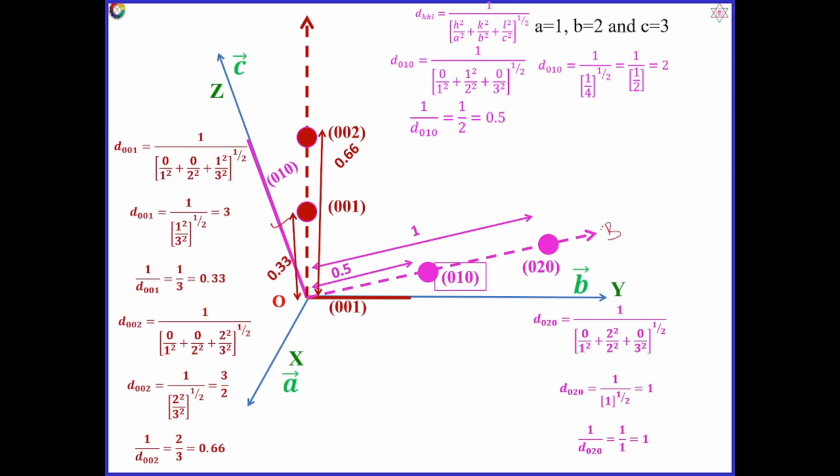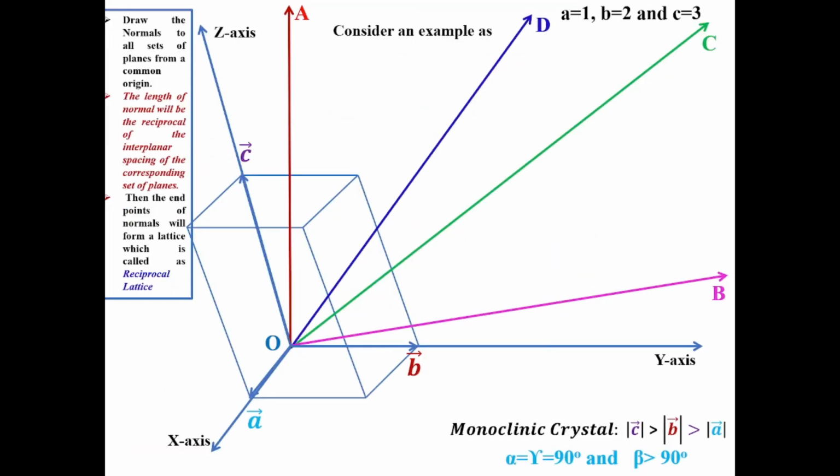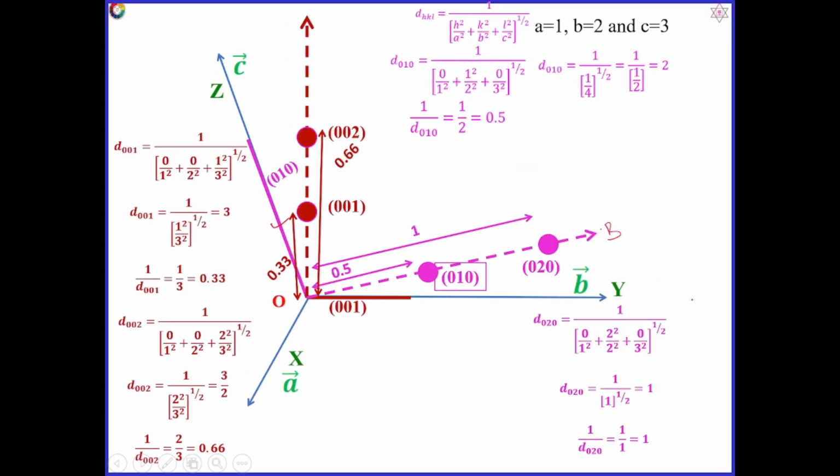So this is your OB normal, which is drawn on this plane having the Miller indices 0 1 0. Now we are going to find the interplanar spacing, then its reciprocal.